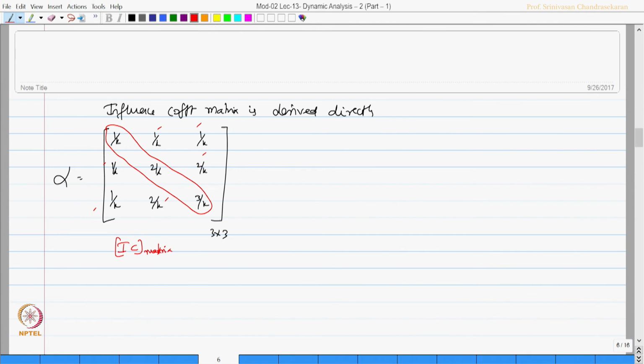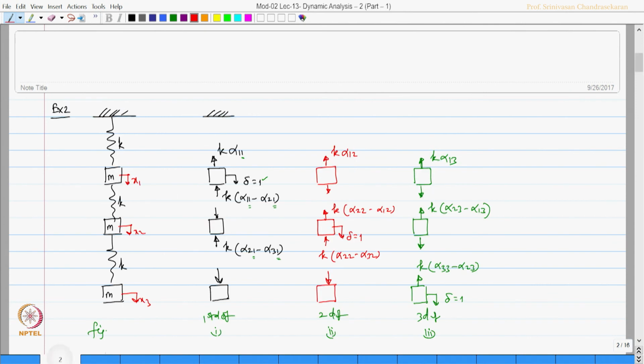Once I derive this, I can also write this matrix as 1 by k of 1 1 1, 1 2 2, 1 2 and 3. For the given problem, if I write the mass matrix from this figure, it is easily m 0 0, 0 m 0, 0 0 m, which can also be said as m times of 1 0 0, 0 1 0, 0 0 1.